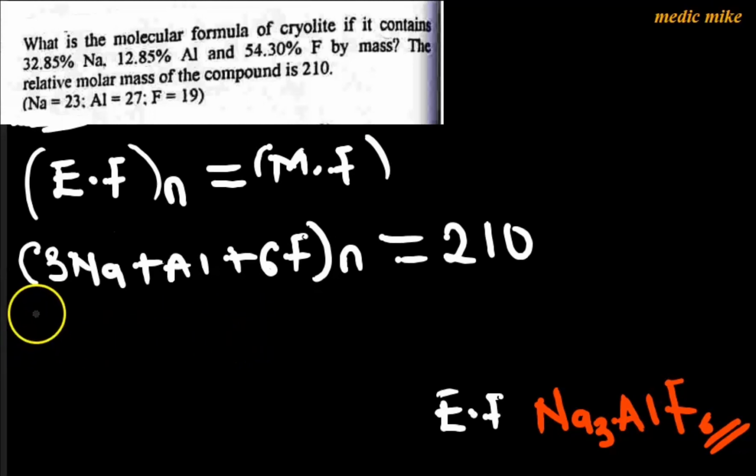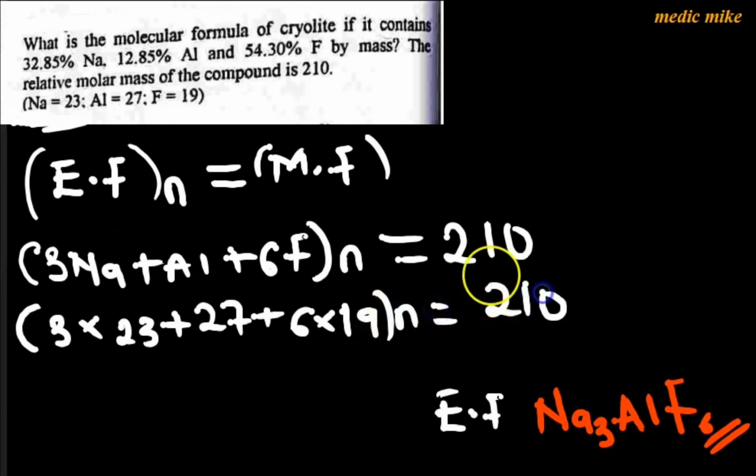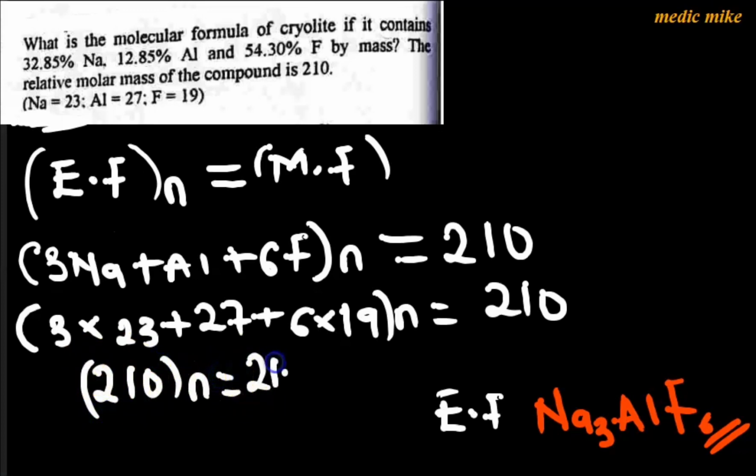So going through that, it will be 3 times 23 plus 27 plus 6 times 19. And when you multiply and sum them up, you get 210 in bracket n is equal to 210.